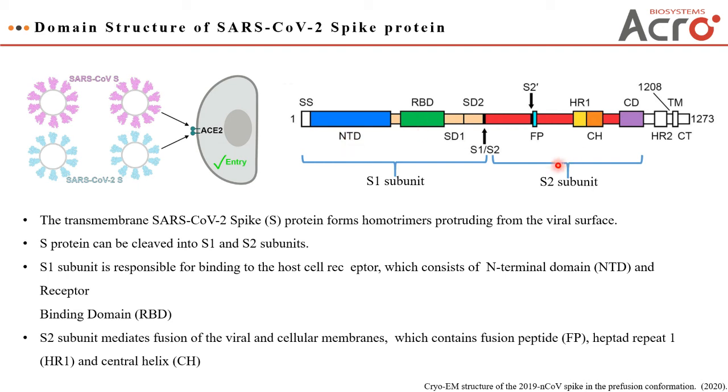S2 subunit mediates fusion of the viral and cellular membranes, which contains fusion peptide, heptad repeat 1, and central helix. Currently, spike protein extracellular domain, including both S1 and S2 subunits, S1 subunit, and RBD have been widely used in serological test development. We'll talk about the application of these antigens in detail later.